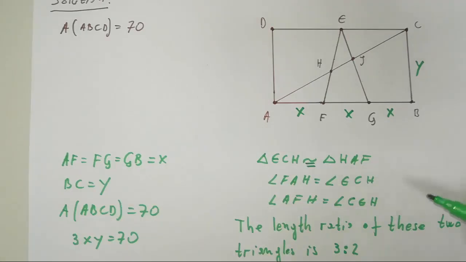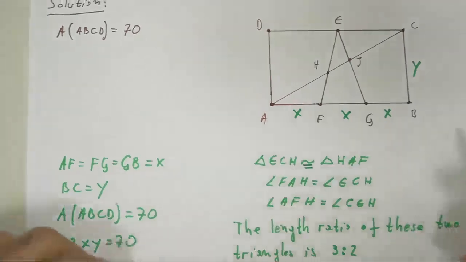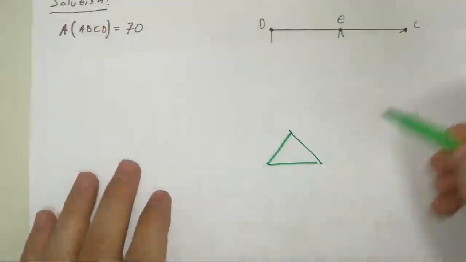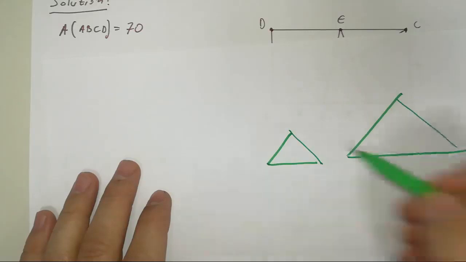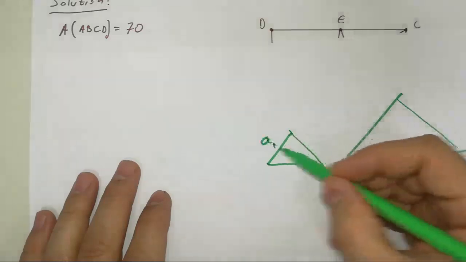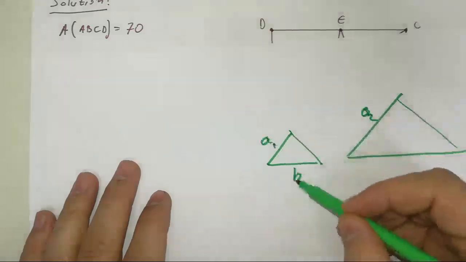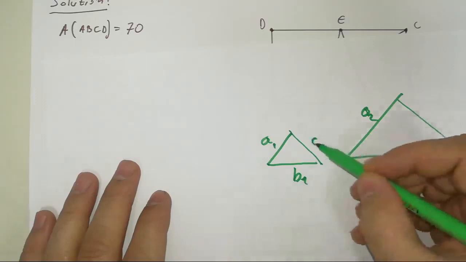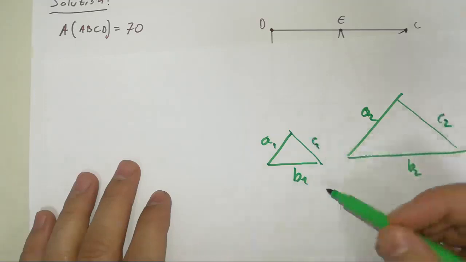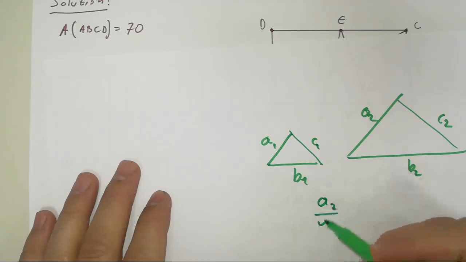How do you figure out the length ratio, and what does the length ratio mean? Let's write something here. If you have two similar triangles, let's say this is A1, this is A2, B1, B2, C1, C2. The length ratio is A2 over A1 or A1 over A2.